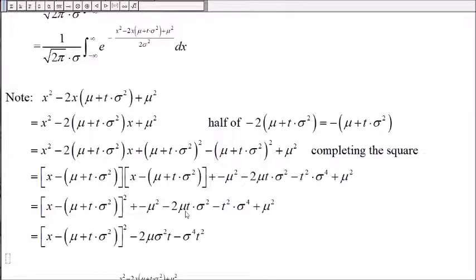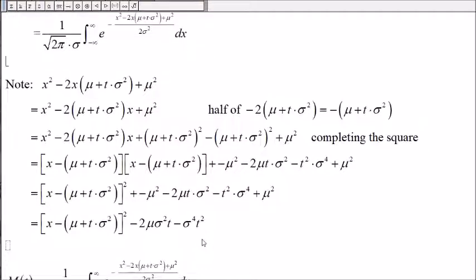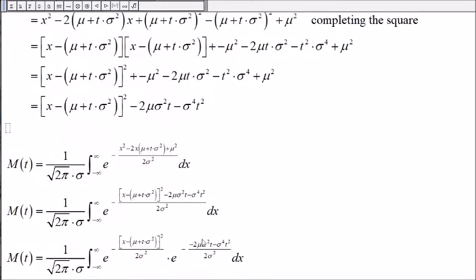So what's left is minus 2 mu sigma squared times t, minus sigma to the 4th times t squared. And therefore the top here becomes this.